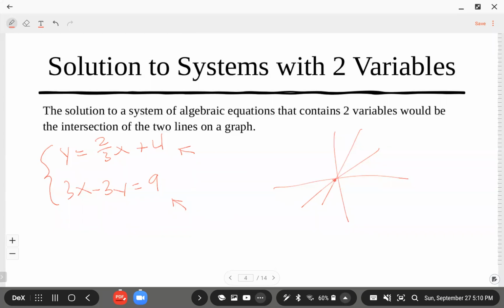So just visualize the intersection is the solution. Okay. So remember this is very important. The intersection of the two lines on the graph is the solution to the system. Okay. And later we'll practice how to use graphing to solve.